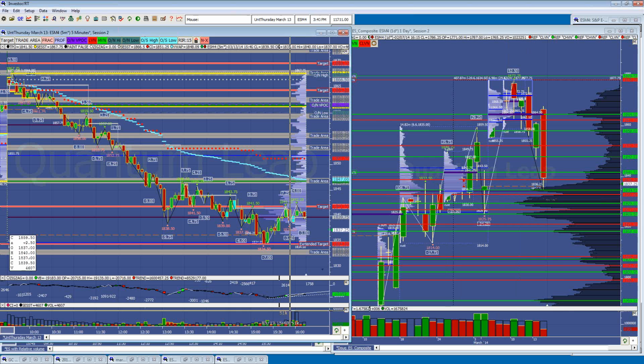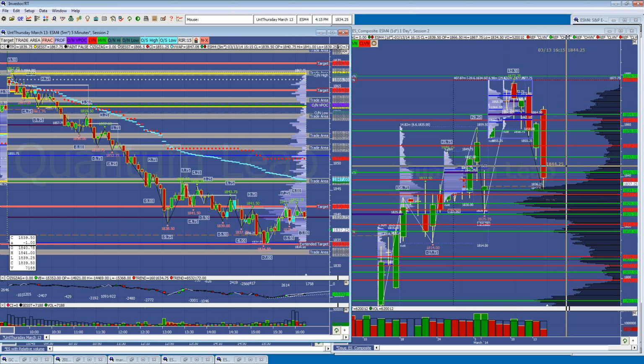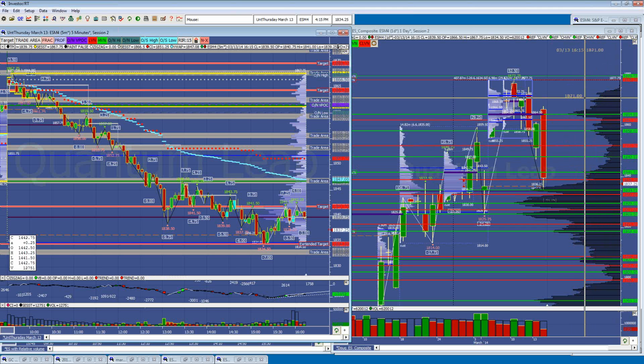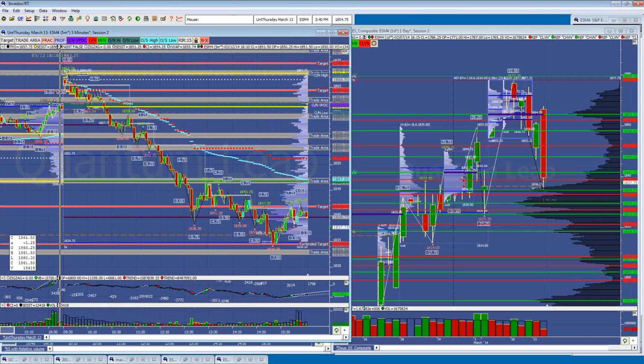Now my main hypothesis, as we talked about in homework yesterday, was basically rotation within this 1852 area and the 1872 area. And I said if we broke into yesterday's range and got below this 1862.50, that we're likely to rotate down to the 1857 naked VPOC and down into this 55 area, with the possibility of coming down at the 52.